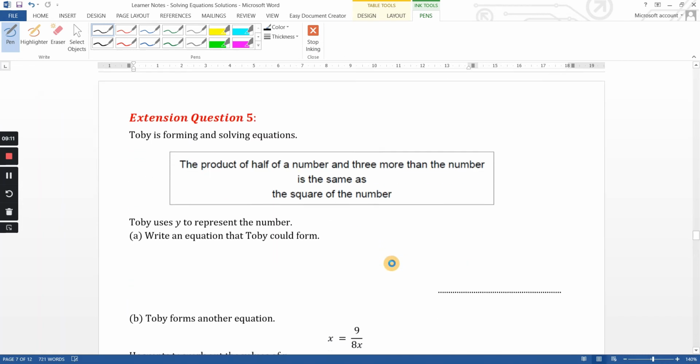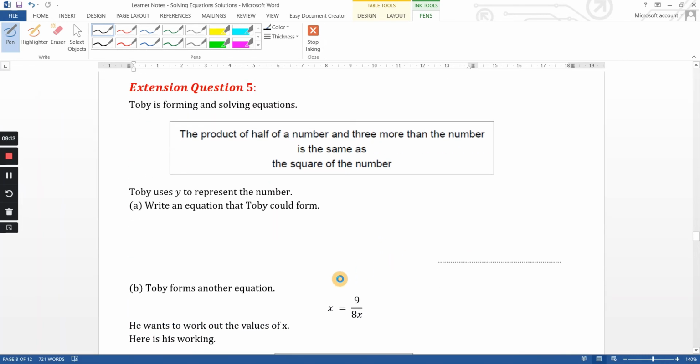Let's move on. Toby is forming and solving equations. The product of half of a number and 3 more than the number is the same as the square of the number. Wow. Toby uses y to represent the number. Write an equation that Toby could form. Let's break this down. Product means multiply.